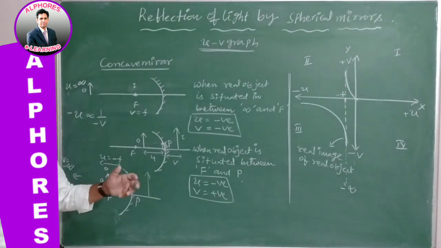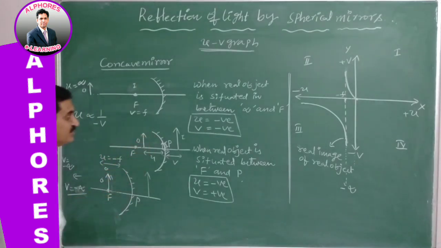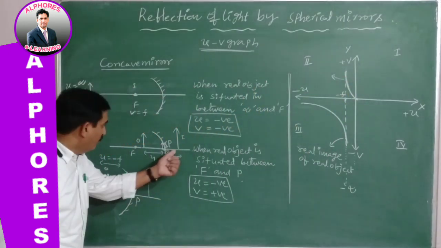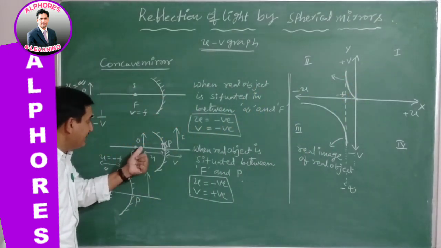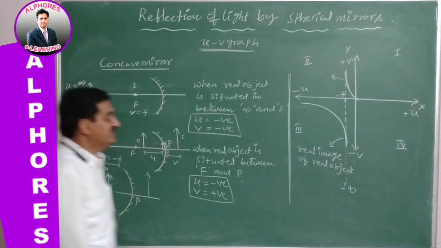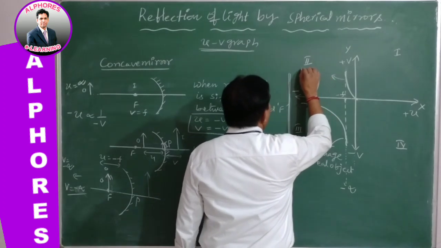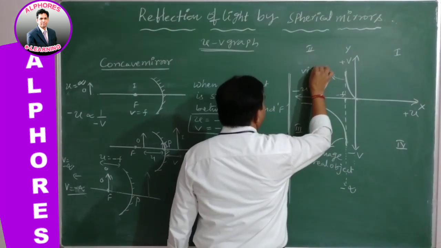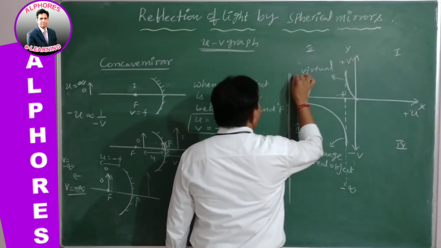Therefore we are going to give it a name. This graph corresponds to a virtual image of a real object. The image formed is virtual, but the object is real. So the name given is virtual image of real object, in the second quadrant.